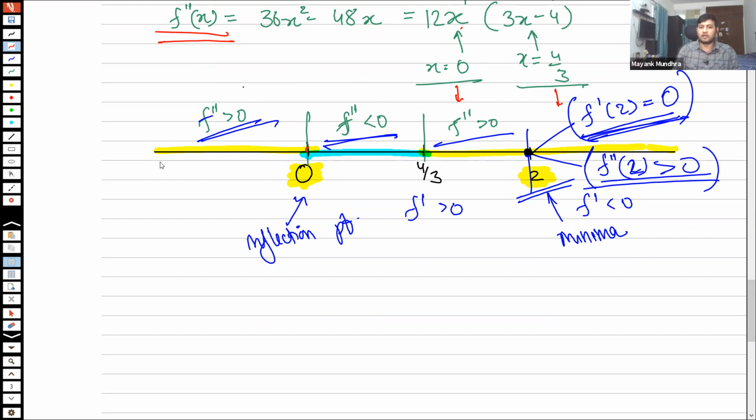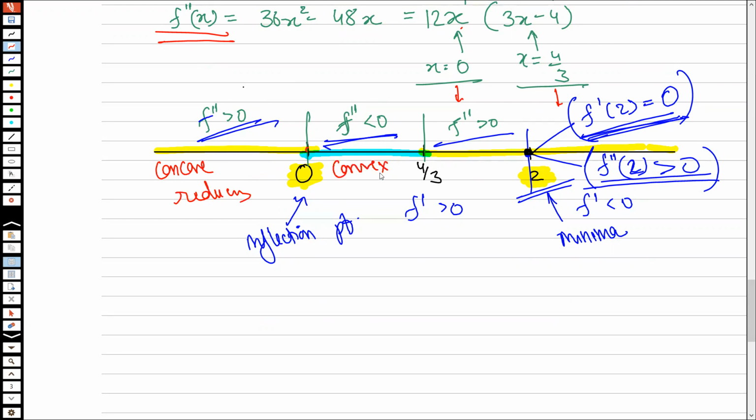So here you have a concave reducing curve. Here you have a convex. Excuse me, sir, you have interchanged the signs of the f prime. F prime before 2 is negative and after 2 is positive. Sorry.